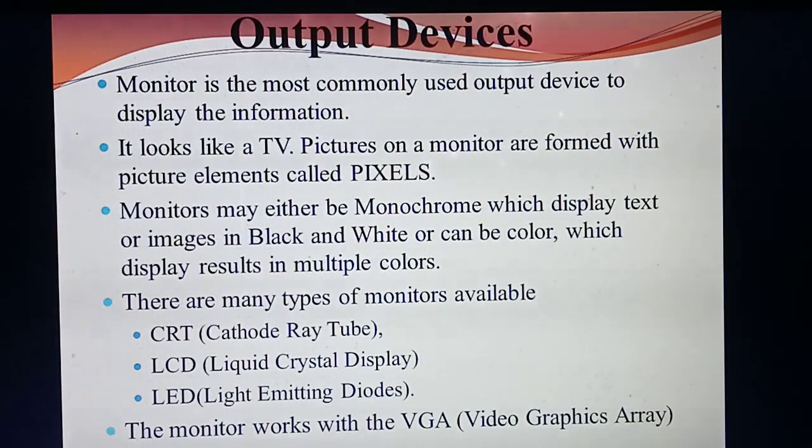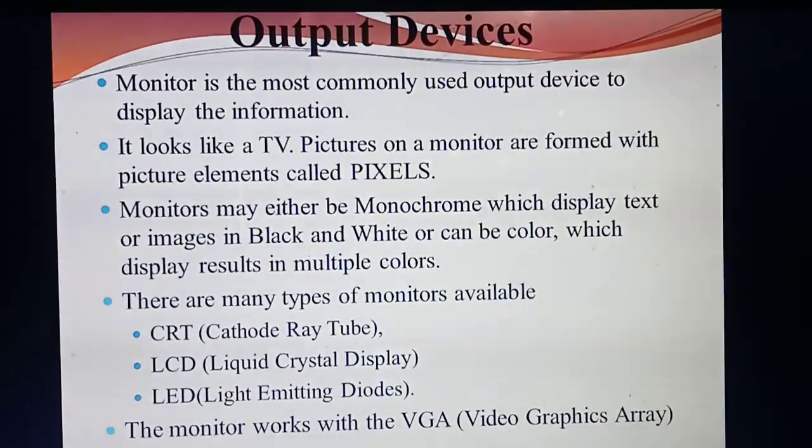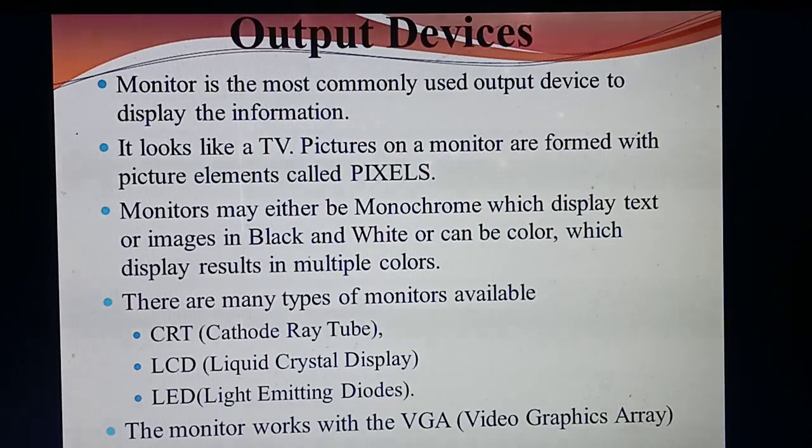The first commonly used output device is a monitor. The monitor is the most commonly used output device, which is an important one mark question. So which is the most commonly used output device? Monitor. The monitor looks almost just like a normal TV.